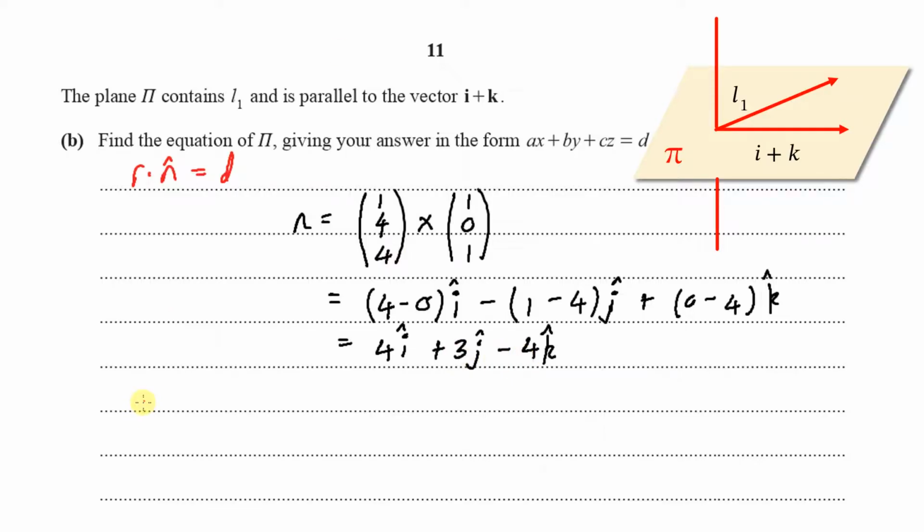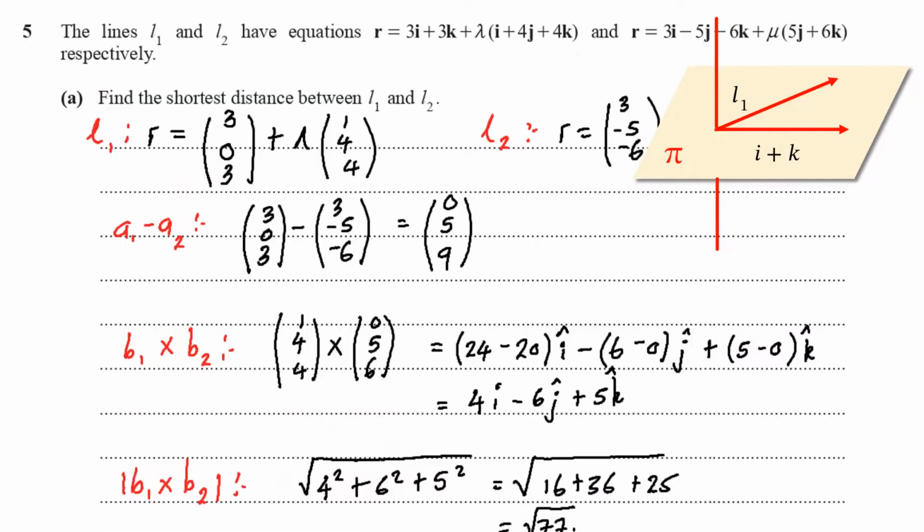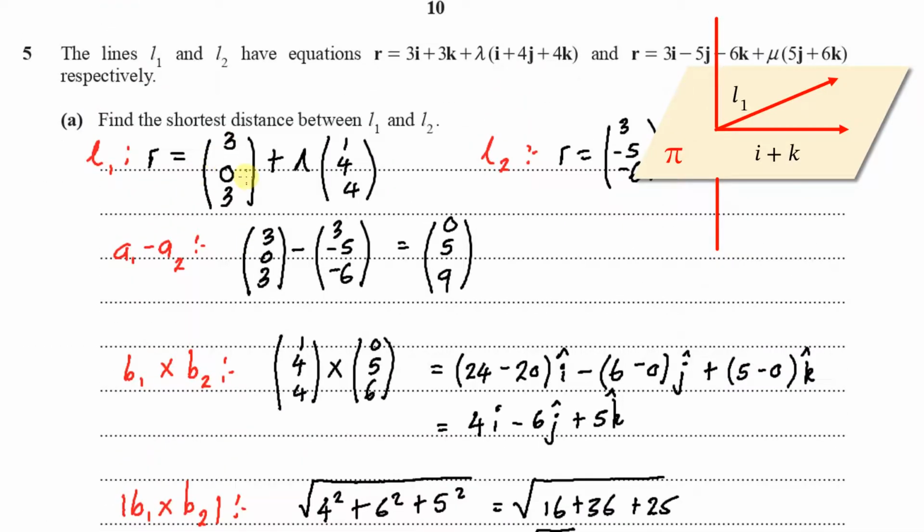And now for D, it is a dot n, and a is any point on the plane. I'll use a point on L1. So a point on L1 is (3, 0, 3).